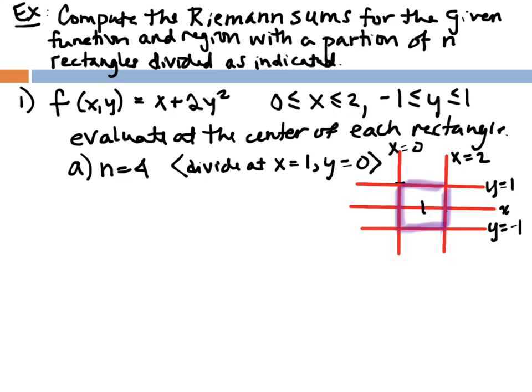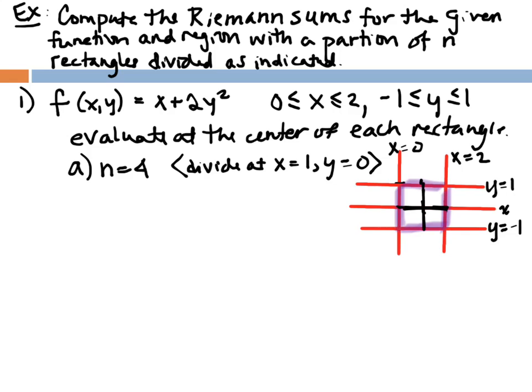So this part that says divided at x equal 1 and y equals 0, well, that makes sense. That divides it into 4 equal little rectangles. You're just cutting this graph in half. One of the lines is already here. That's y equals 0.